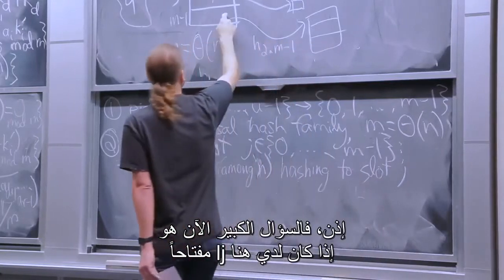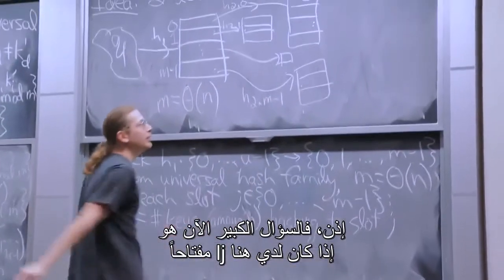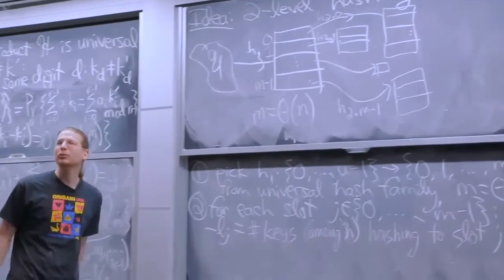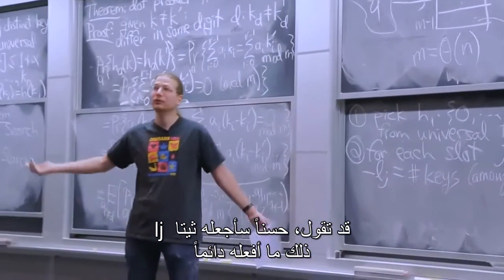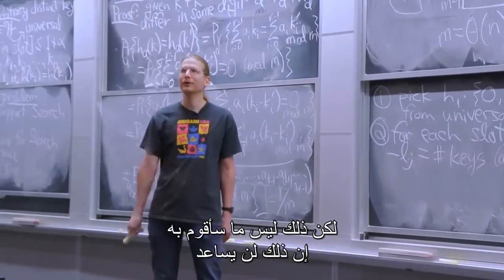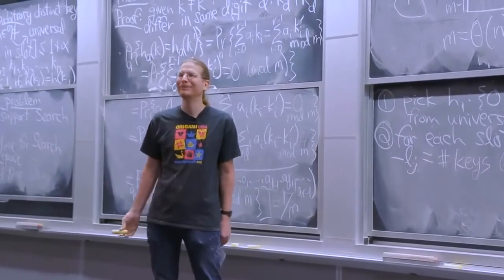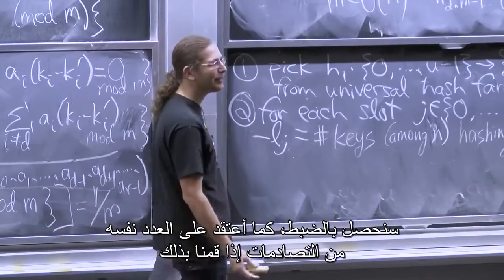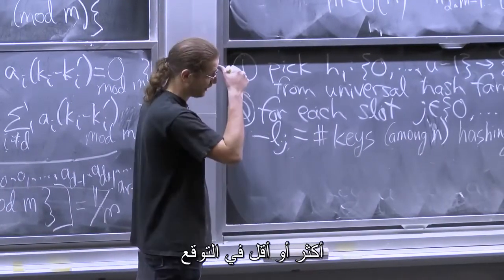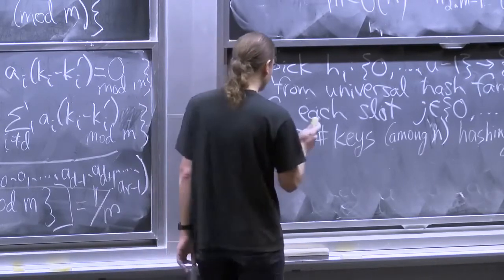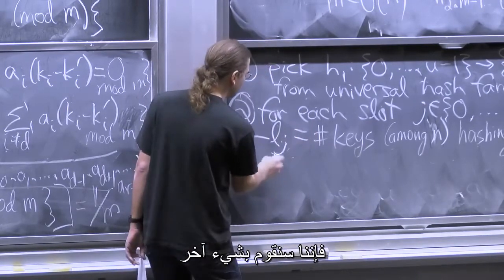So now the big question is, if I have Lj keys here, how big do I make that table? You might say, well, I make it theta Lj. That's what I always do. But that's not what I'm going to do. That wouldn't help. We'd get exactly, I think, the same number of collisions if we did that, more or less, in expectation. So we're going to do something else.